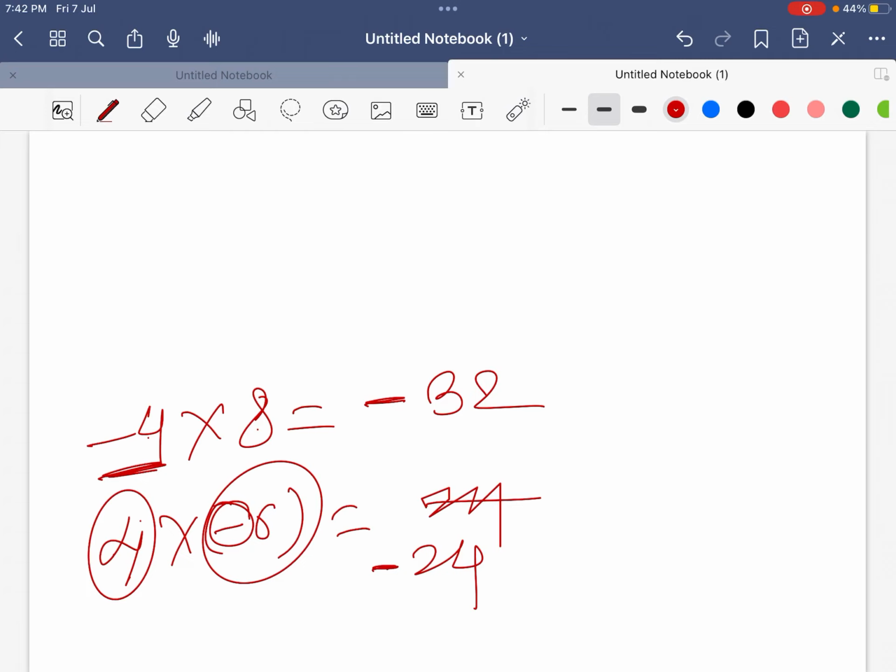Similarly, we have to solve a few more examples like this. So minus 20 multiplied by 10 is equal to, 20 tens are 200, and because of this the answer is minus 200. Clear hai? Chalo.